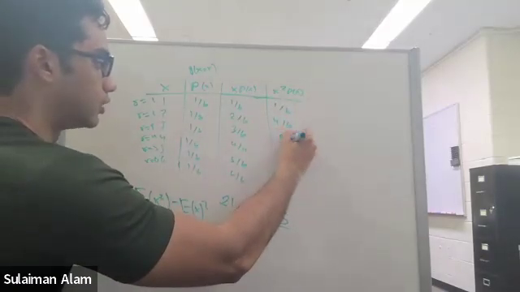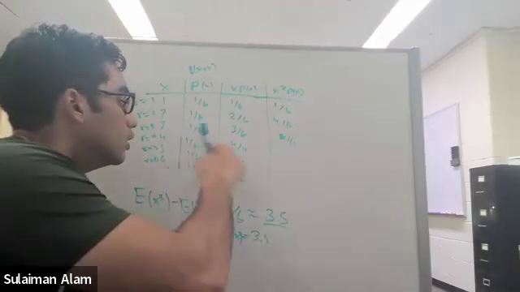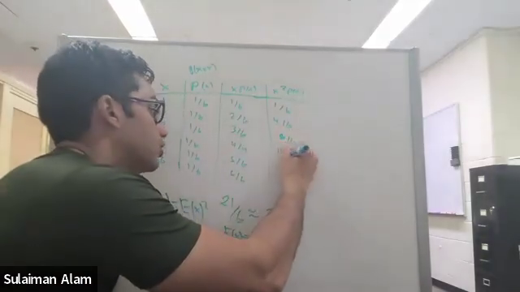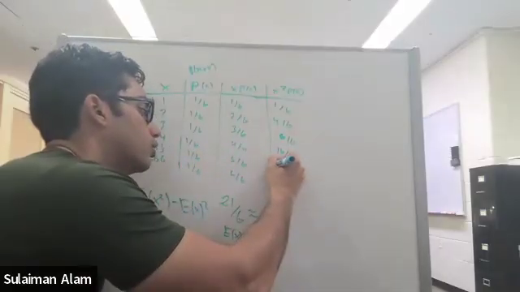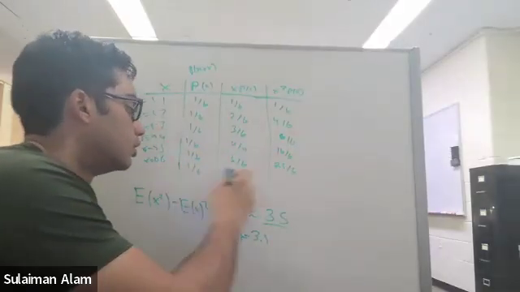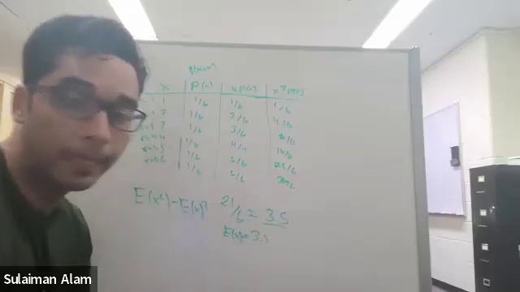3 times 3 is 9 over 6, 16 over 6, 5 times 5 is 25 over 6, 36 over 6.